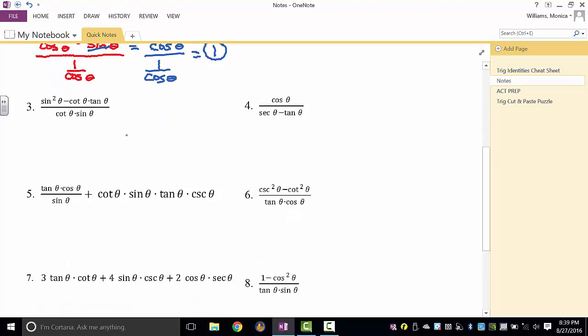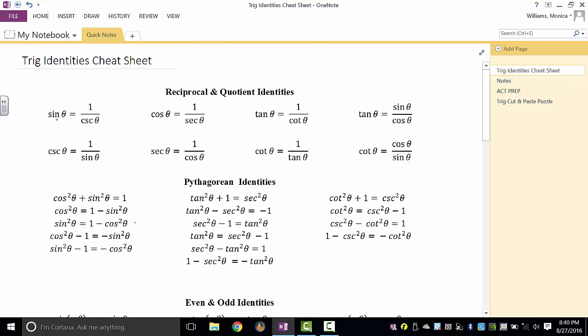Number 2, I am going to leave sine squared alone because we normally do not change sine or cosine. Here on cotangent times tangent, I am going to go back to the trig identities and show you a quick shortcut. The inverse of sine is cosecant. The inverse of cosine is secant. And the inverse of tangent is cotangent.